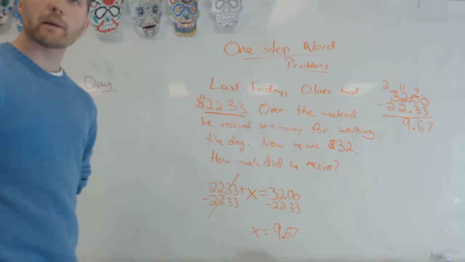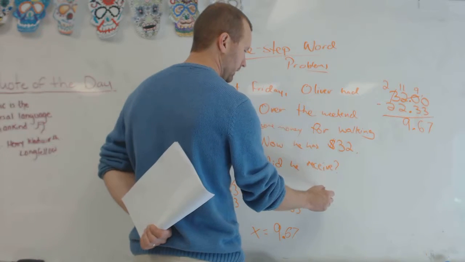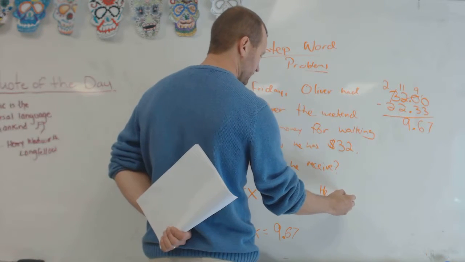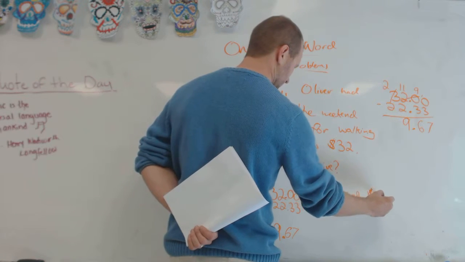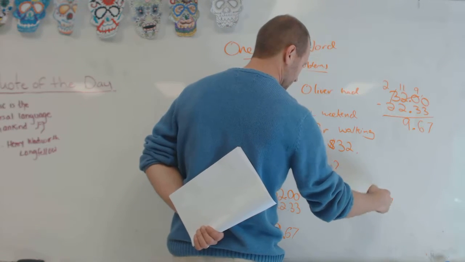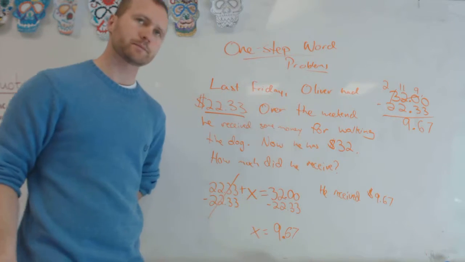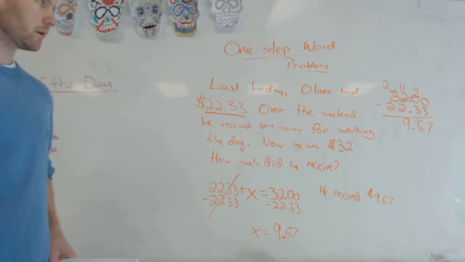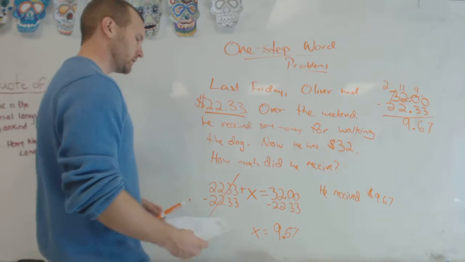And then with a word problem, I always want you to write your final answer in words. He received exactly $9.60. Okay? Writing a one-step equation.